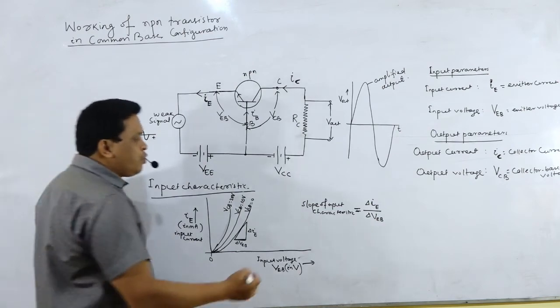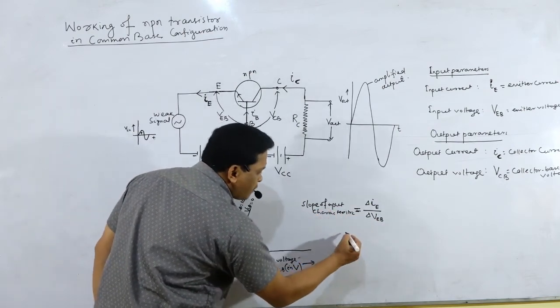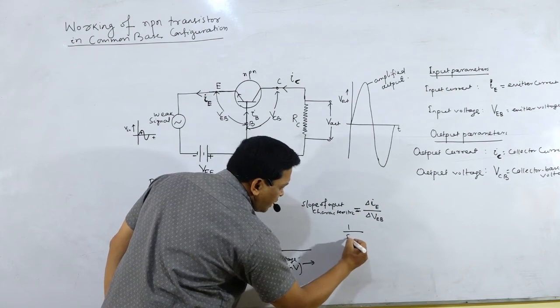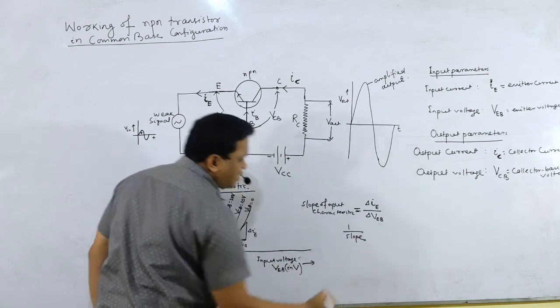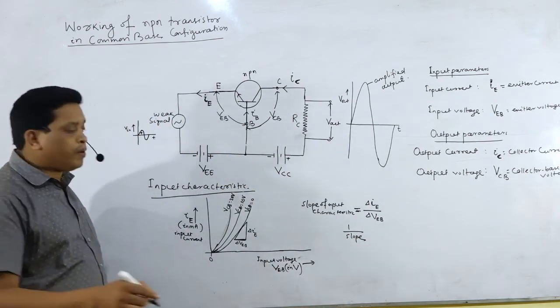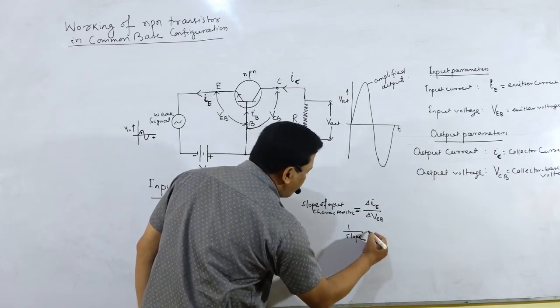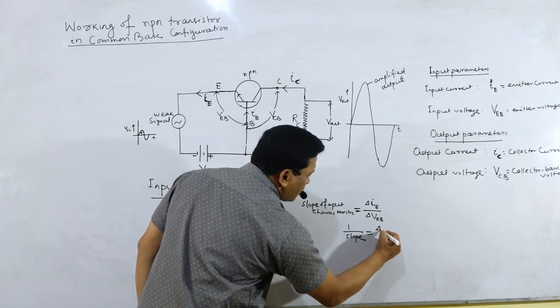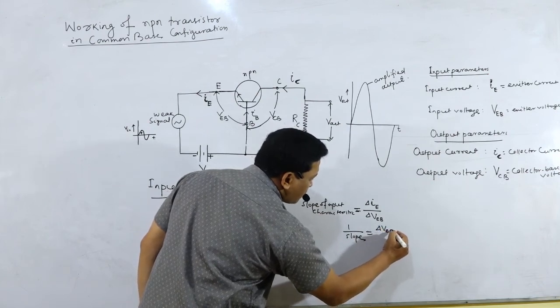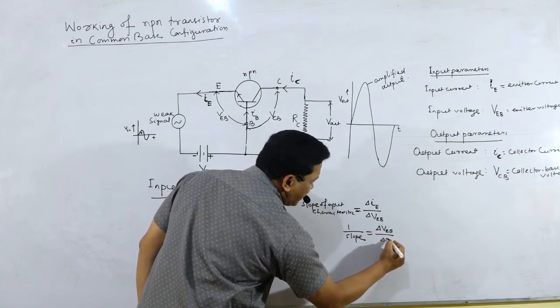Okay, now you find out its reciprocal. The reciprocal of the slope of input characteristic, 1 by slope, is equal to delta VEB by delta IE.